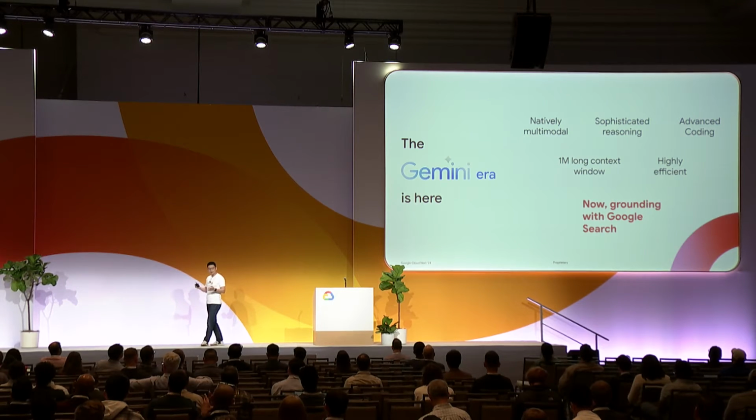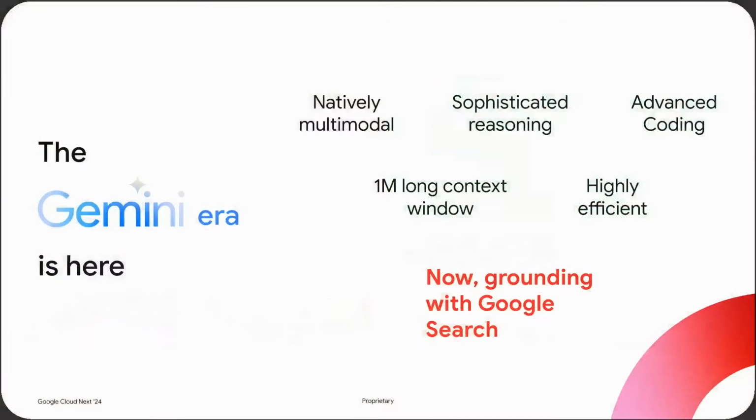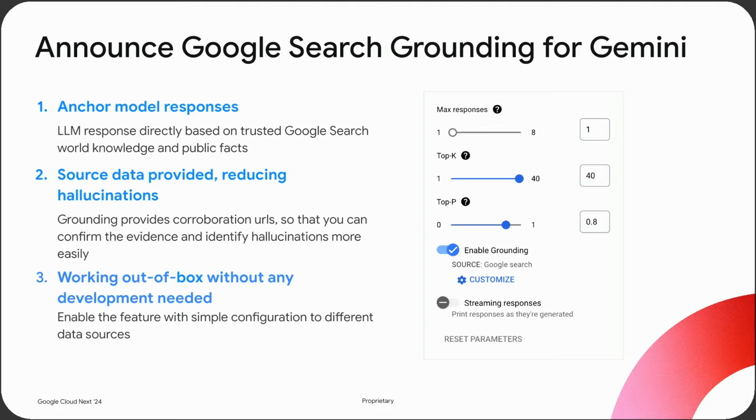We're happy to say that today we are bringing grounding with Google Search to the Gemini family. We believe that Google Search is one of the most trusted sources of factual information. By grounding our state-of-the-art model with Google Search, we can really combine the power of Google AI with a deep understanding of world knowledge. The integration is very simple.